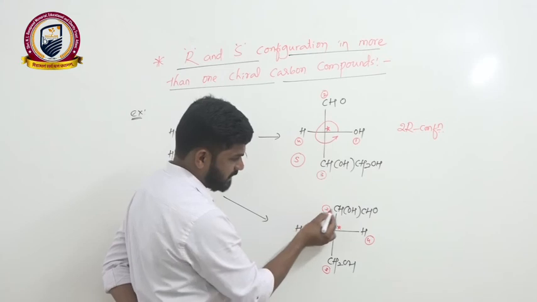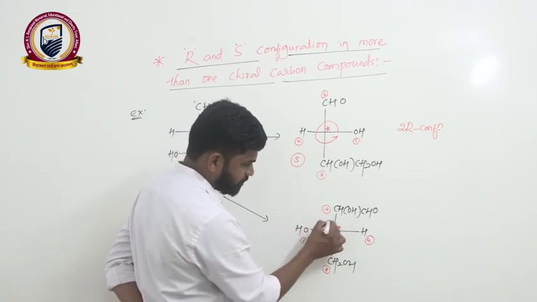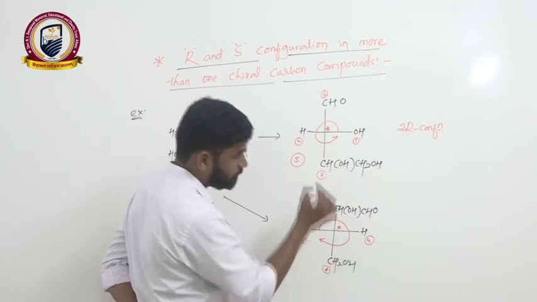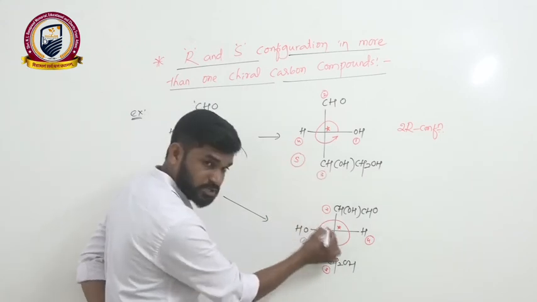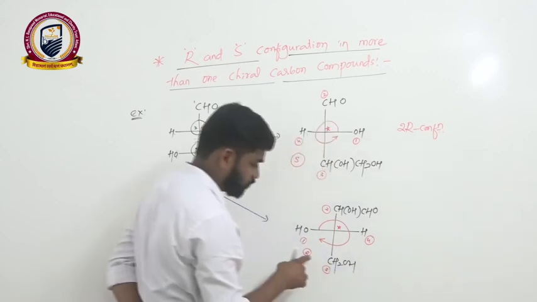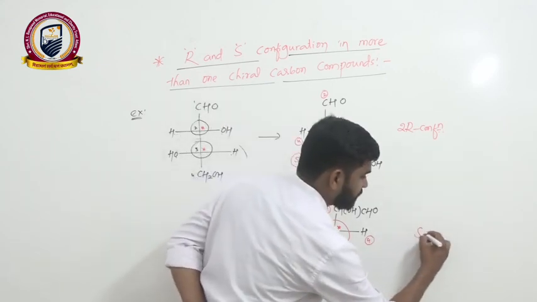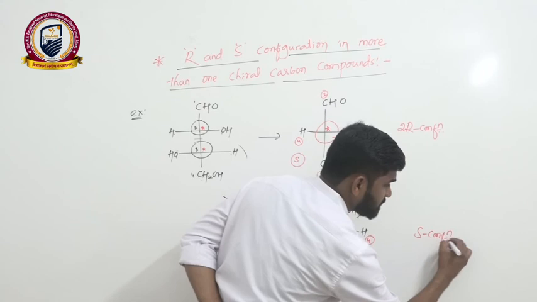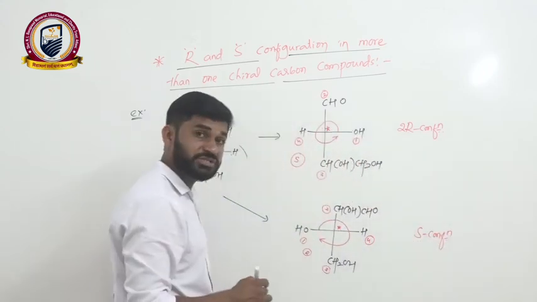You will get the right answer. So first, second, third, the rotation will be in this way. The rotation is clockwise, so it is R, and we have to write the opposite configuration, which is the S configuration. Where is the S configuration taking place?